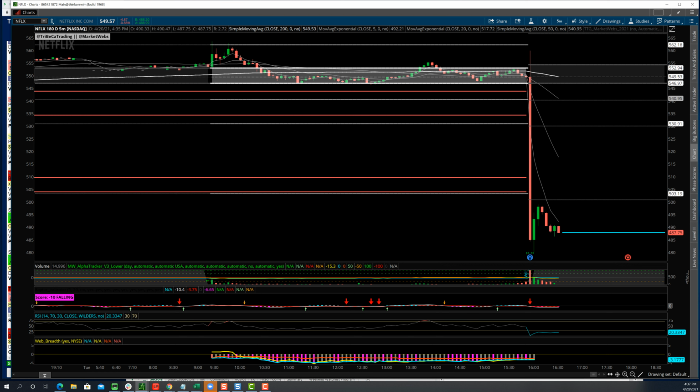Again, the way that I use the option flow, I'll just repeat myself and we'll end here, is it's just an idea, right? When I see a call buyer in the name, what I then do is bring up the chart, look to see if it's at an interesting level, what's going on in the technicals, does it make sense for me? Never do I really think about, oh, geez, what do they know? Do they know that they're going to smash their earnings estimates?